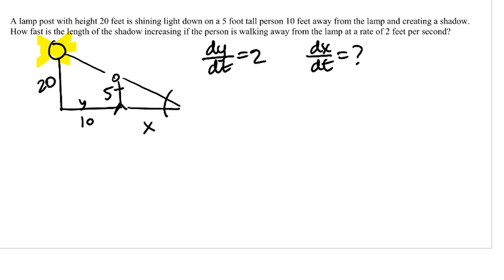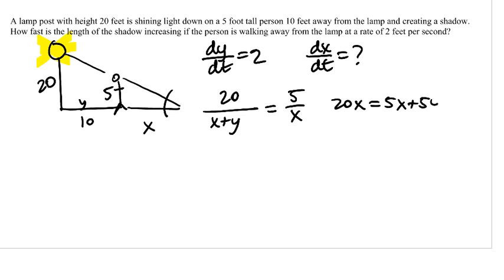So I'm going to say 20 over x plus y is equal to 5 over x. And then I'm going to cross multiply. So I've got 20x equals 5x plus 5y. And then I subtract 5x and I get 15x equals 5y, meaning y equals 3x. That's the way to go on this type of problem. It can get pretty complicated if we don't make some sort of substitution.